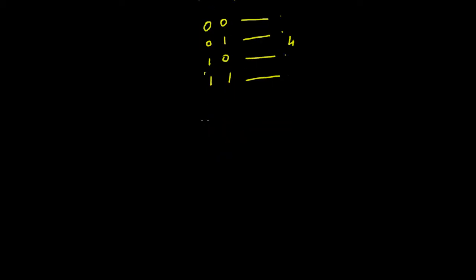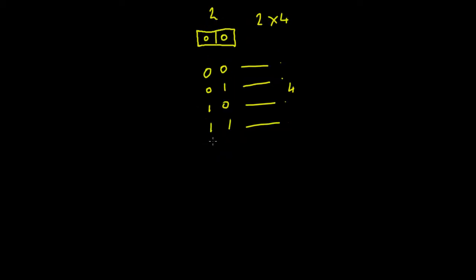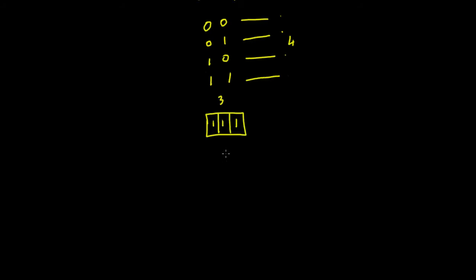Now the same thing happens for a 3 by 8, so we're going to have 3 bits. So there's 3 bits there. We've got 3 inputs, and those are going to give us a maximum of 2 to the 3 possible outputs.